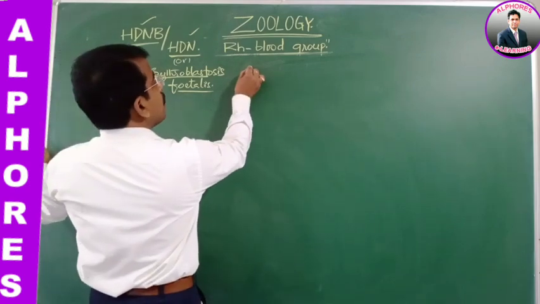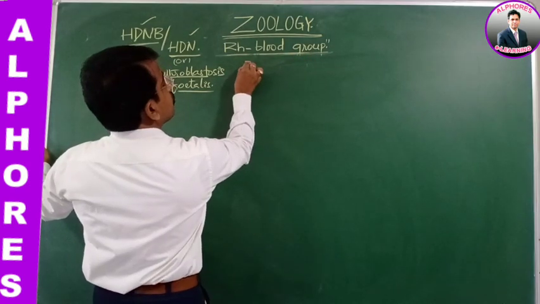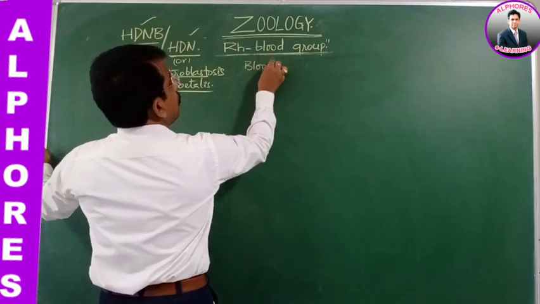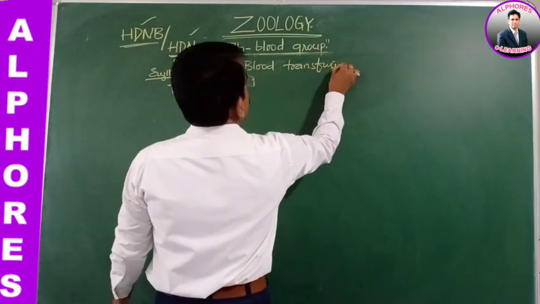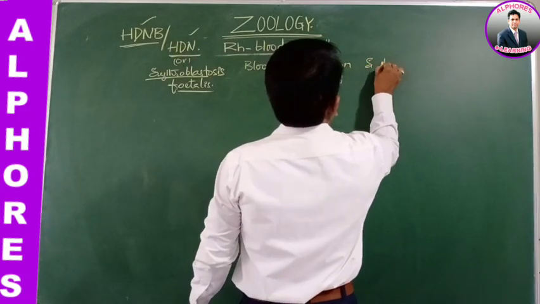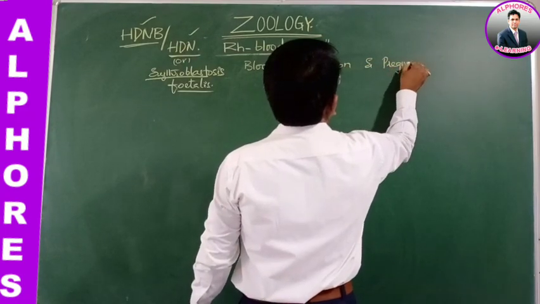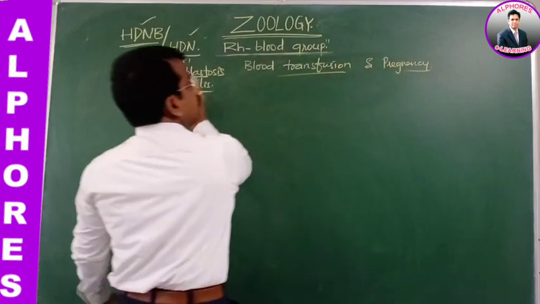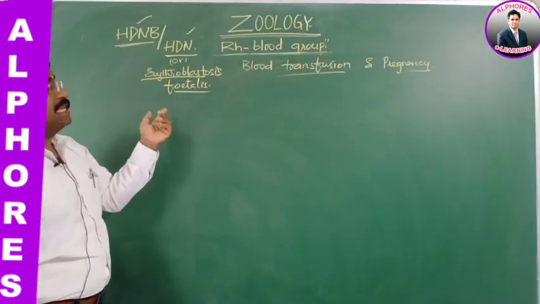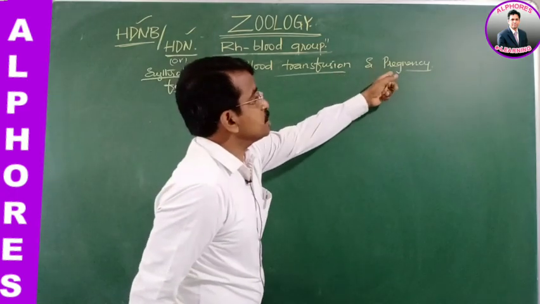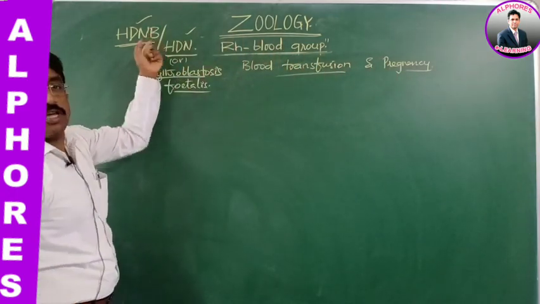Blood transfusion and pregnancy are the two conditions which result in genetic incompatibility and make the pregnancy prone to HDNB.